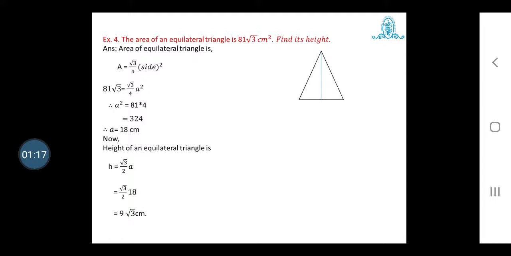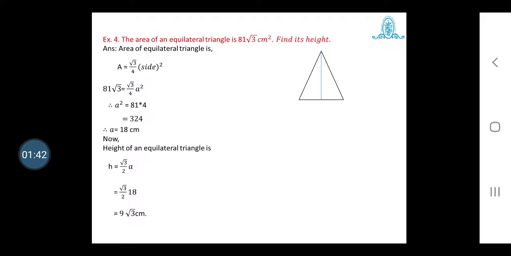The first example is: the area of an equilateral triangle is 81 into square root 3 centimeter square. Find its height. In this example, area is given and we have to find height of the equilateral triangle. So, we know what is the area of equilateral triangle?